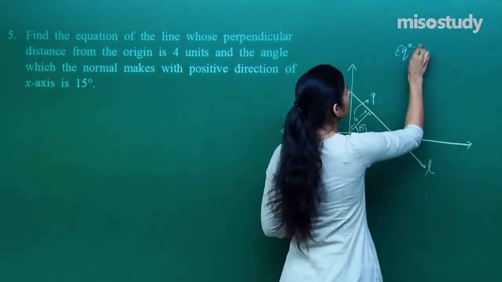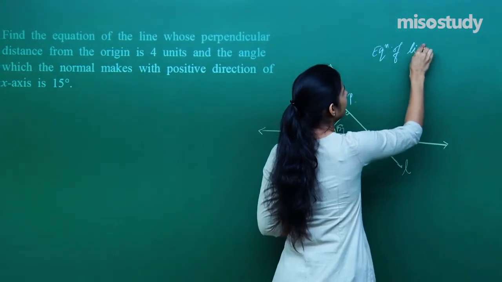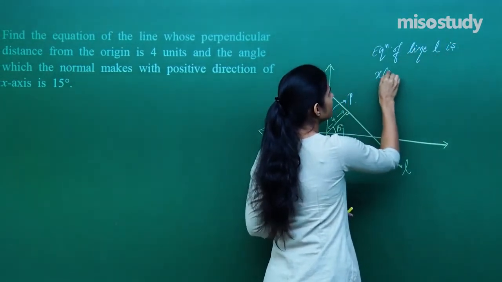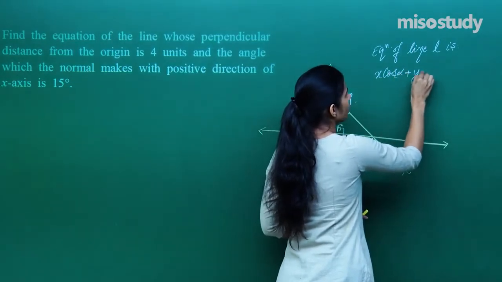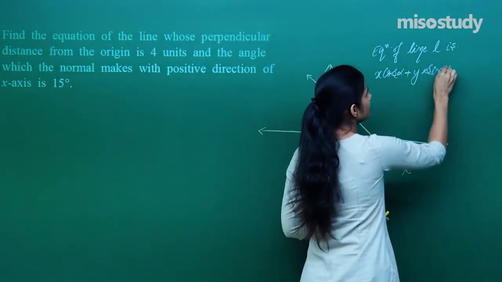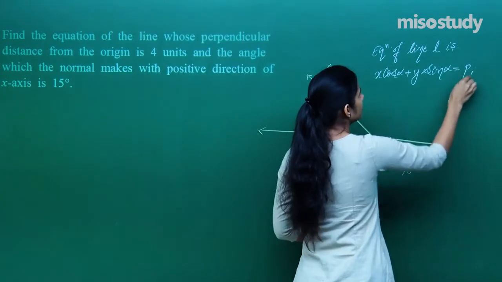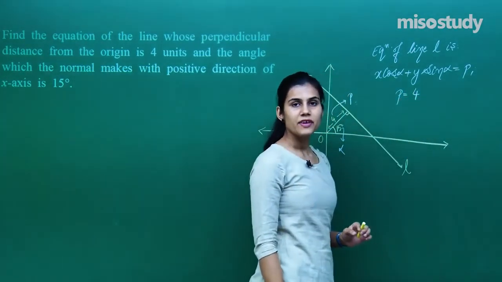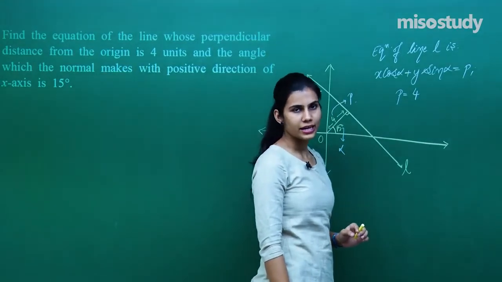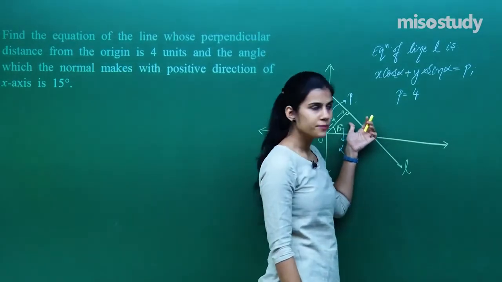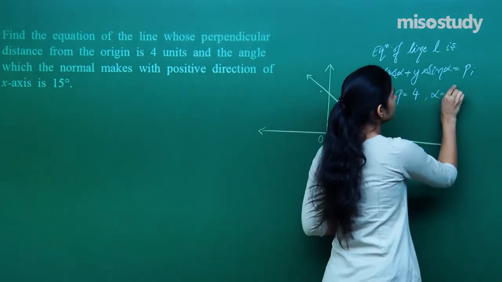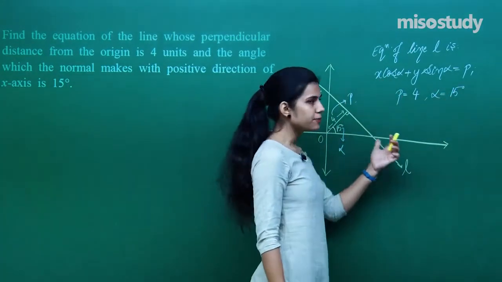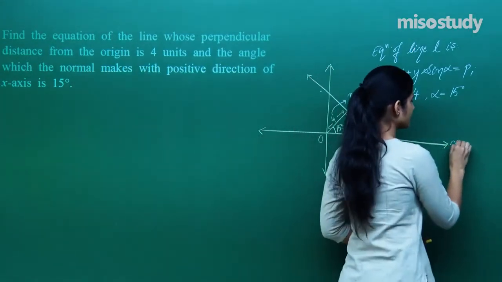Equation of line L is x cos alpha plus y sin alpha equals p, where p is actually 4 units because p represents the very length of the normal which is drawn to the line from origin. It is given to you as 4, and alpha is 15 degrees, where alpha represents the angle which the normal makes with positive direction of x-axis.